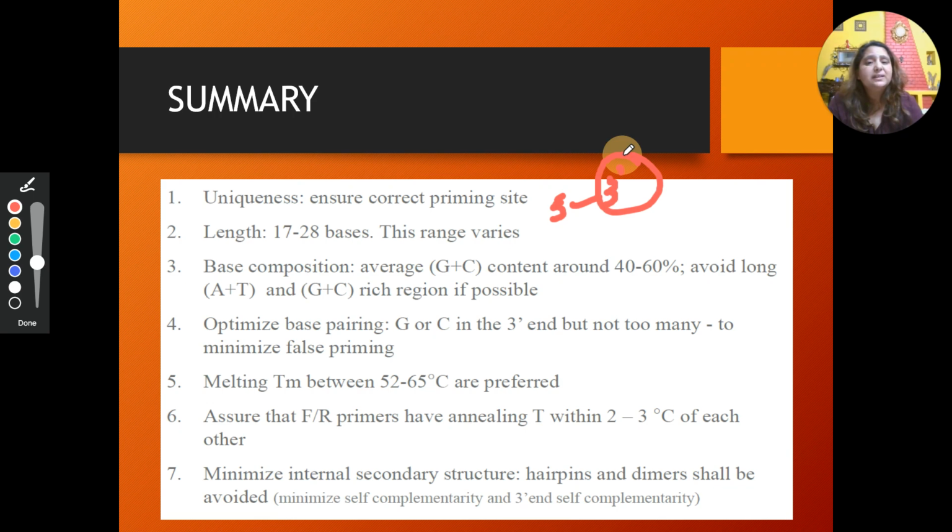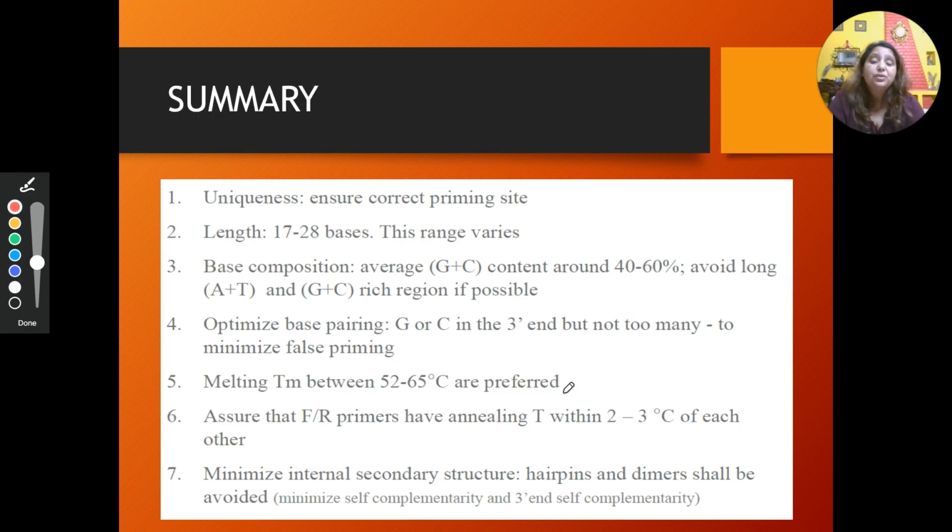The more stable it is, the more DNA polymerase can actually hold on to this position and bring about the process of polymerization. Another important point is the melting temperature of the primer should be between 50 to 65 degrees Celsius. And we should also ensure that the forward and the reverse primer have a compatible annealing temperature, with a variation of only 3 to 4 degrees Celsius.